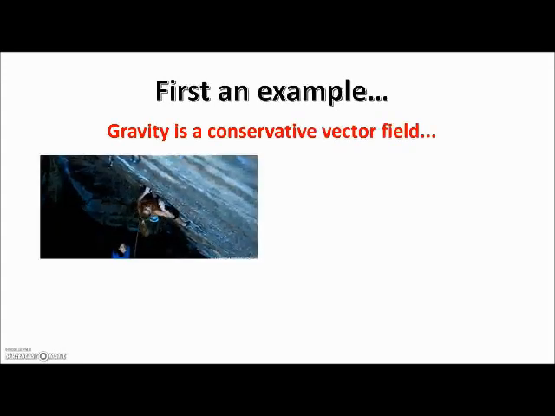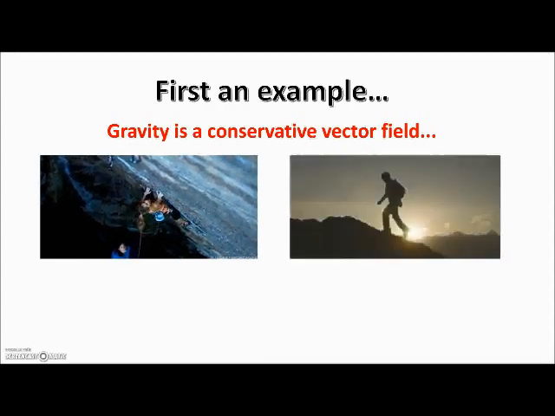First, let's look at an example from real life. Gravity is a conservative vector field. There's somebody climbing straight up the cliff. I don't think I could do that. It feels like there's a lot of work being done on you, pulling you down by gravity, right? But it's going to be a shorter period of time.